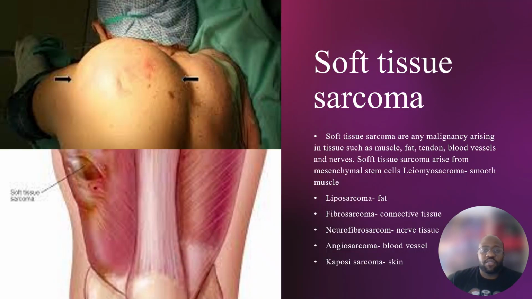Soft tissue sarcomas. These are rare, but these are pretty much malignancies of muscle, cartilage, fat, pretty much not our normal epithelial tissues. So for fat, it's a liposarcoma. For connective tissues, a fibrosarcoma. For nerves, it's a neurofibrosarcoma.